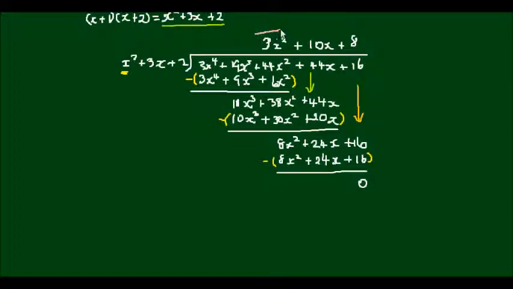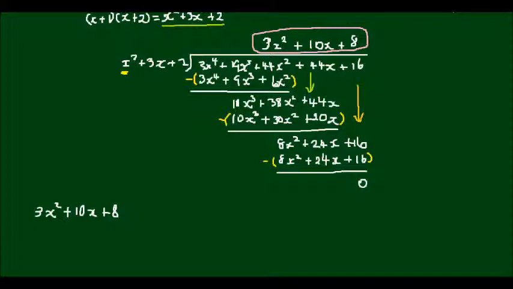Alright, finally what I'm going to do now is to factorize this quotient, which is a quadratic, into a product of two linear binomials. So 3x squared plus 10x plus 8. I have a video on how to factorize this quadratic, so please have a look at it.